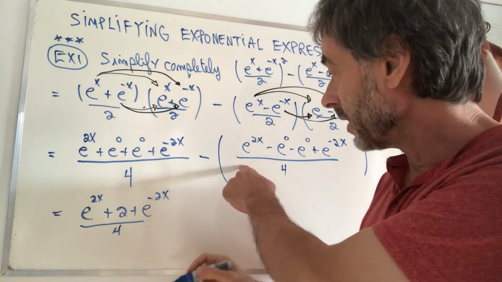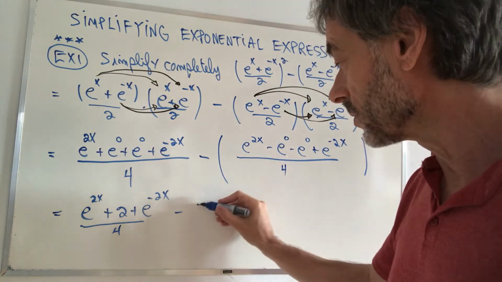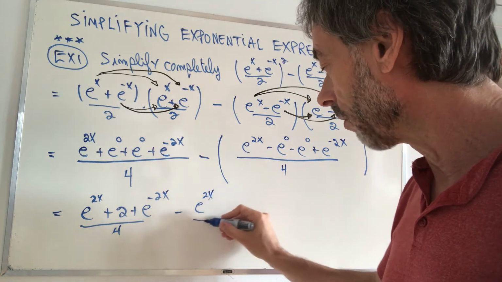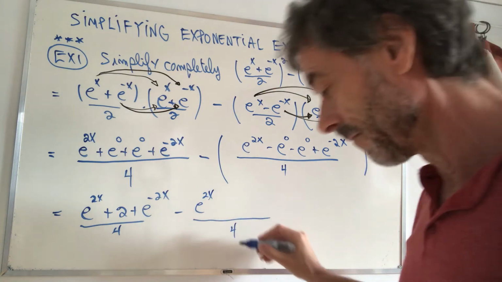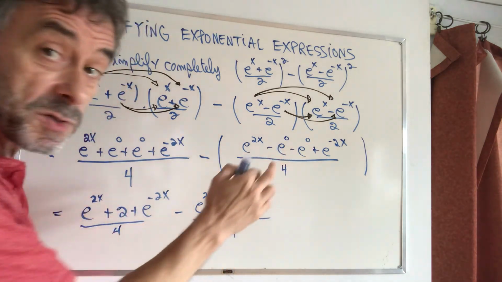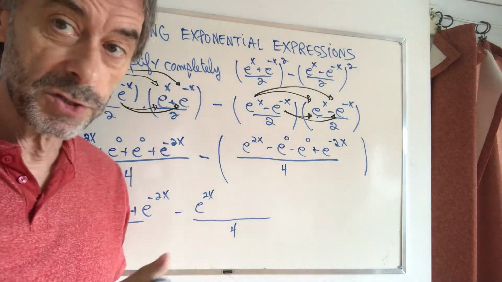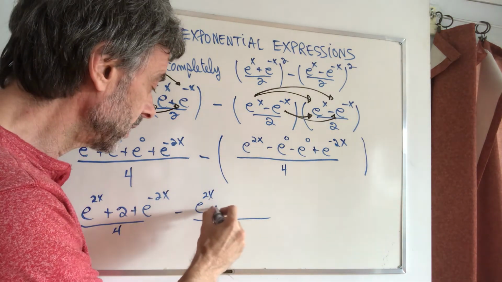Okay, I'm going to change my signs here. Minus this guy, minus e to the 2x, all over 4, of course. And then that's minus 1, no? Because e to the 0 is 1. So minus 1 is what? Minus 2 with a minus is a plus 2.